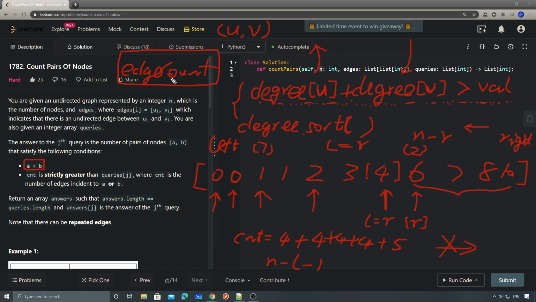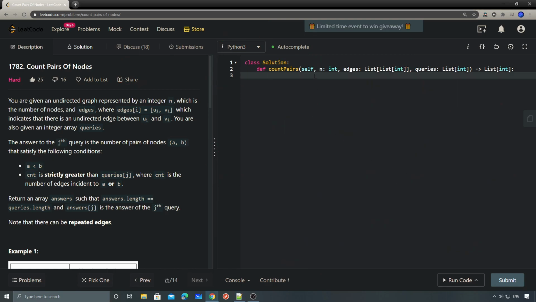Because only when this edge count has a value, then that's when we need to check if this edge count could affect our final answer. Yep. So maybe I'll start coding here, and then maybe along the way I'll explain a little bit more about the last adjustment step here.